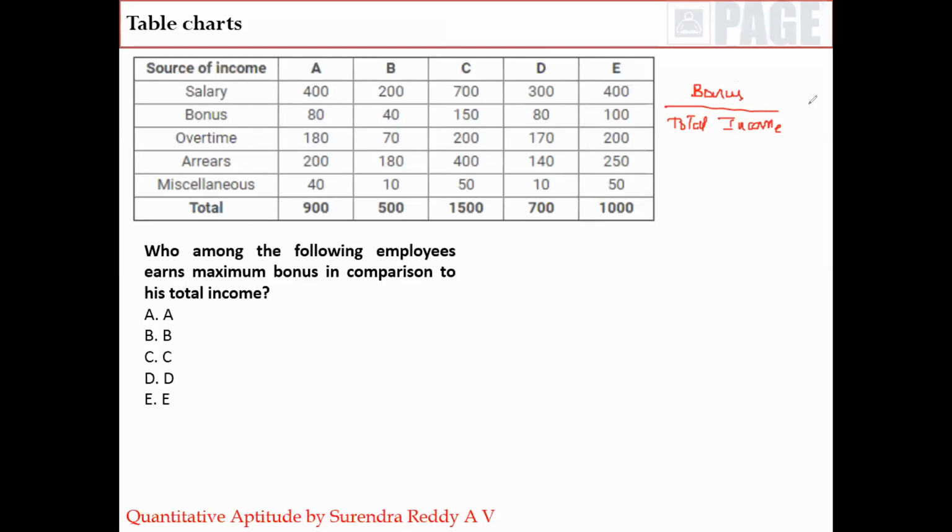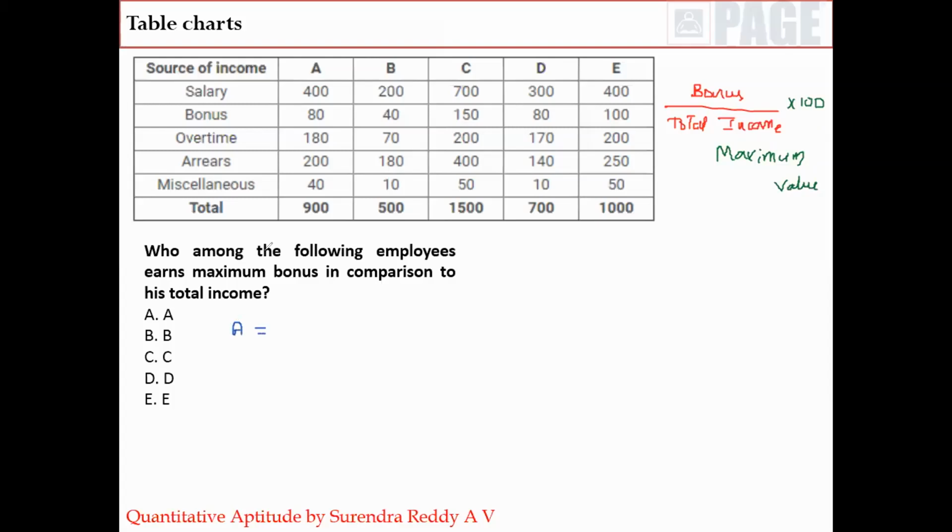It is tough to compare the fractions. Let us convert it to percentage by multiplying with 100. So now, when I do bonus by total income into 100, which person will get the maximum value is our question indirectly. I'll tell you for A, you do the balance calculation, then we will come to a conclusion.